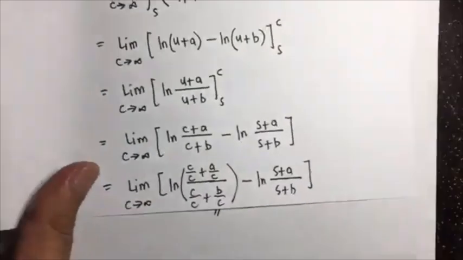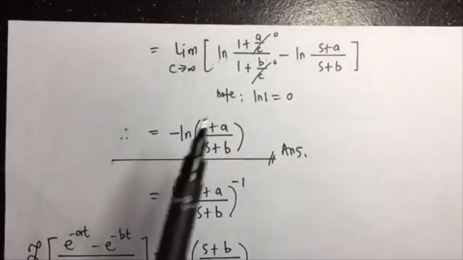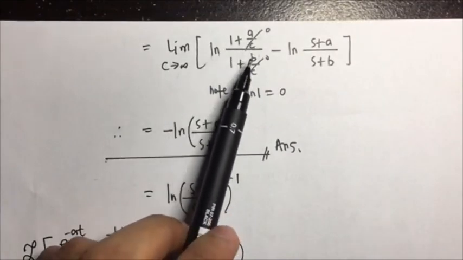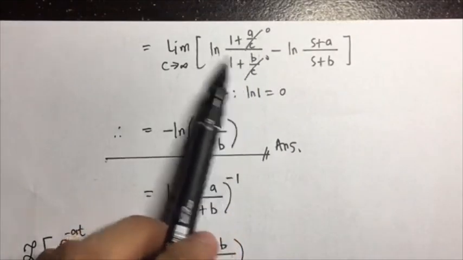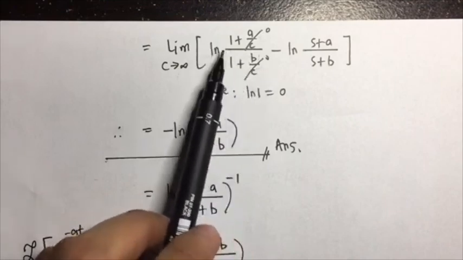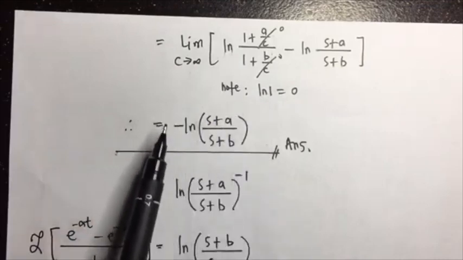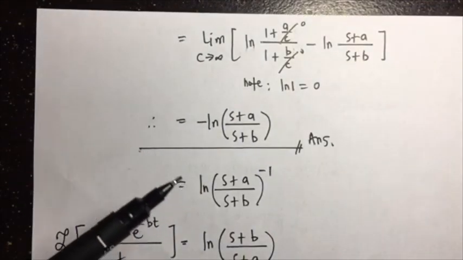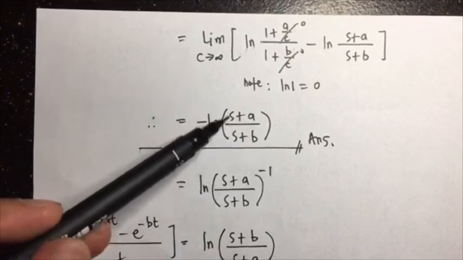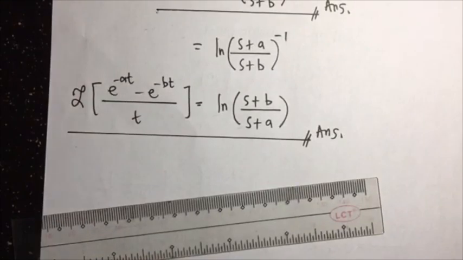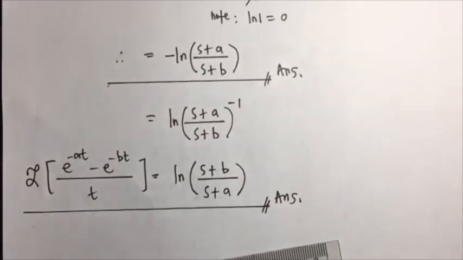You should always find a way to avoid having terms that are indeterminate or have values of infinity, because in Laplace transforms, your Laplace transforms should only involve s. Okay, so that's all. I hope that you have understood this lesson, and also you have reviewed your theorems in limits. Okay, so that's all, and good luck.